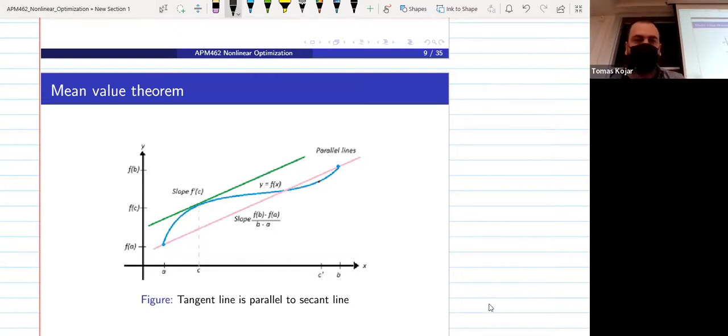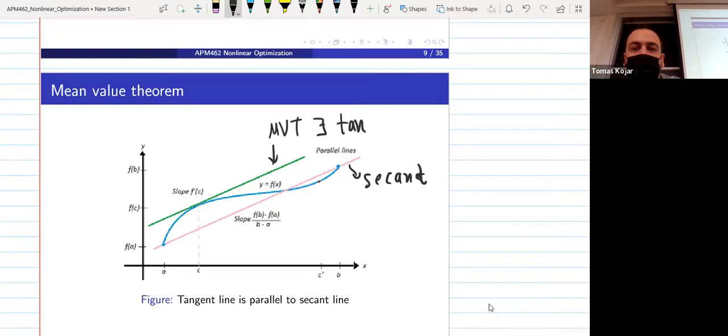Okay, so again, this is called the secant, and the mean value theorem says, which we can prove, that there exists a tangent line with the same slope.